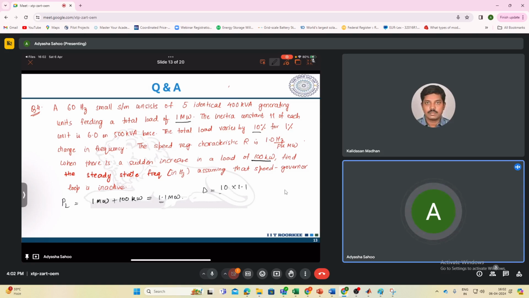So 1.1 for 1% change in frequency. So frequency is 60. So that will give you 0.1833 in megawatt per hertz.